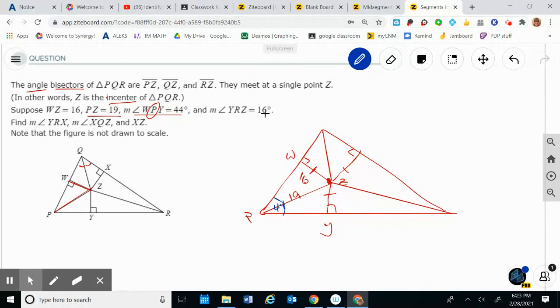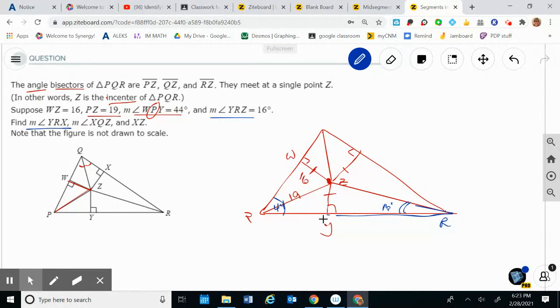And the measure of YRZ, so now they're telling you YR, remember the middle is the vertex, now they're giving you one of the smaller ones. That is 16 degrees. All right, so now I've labeled everything. Now let's just find the parts they want.